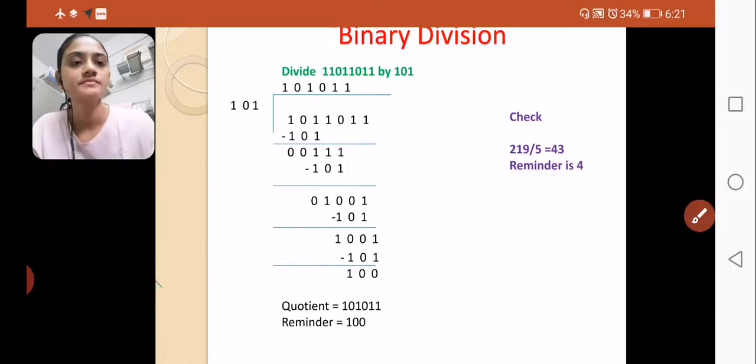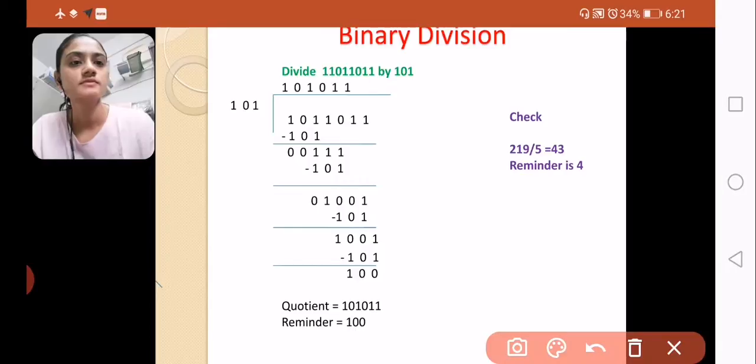Here it is 1 1 0 and 1 1 0, it is taken. So for that 0 minus 1 will give borrow 1, so that is forwarded here.